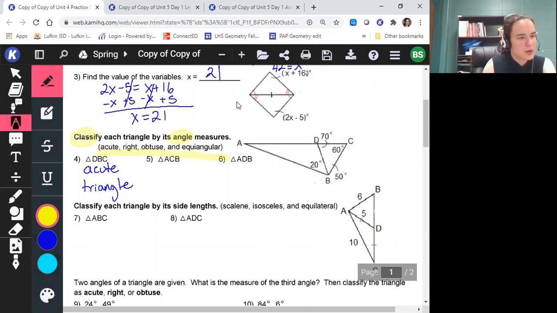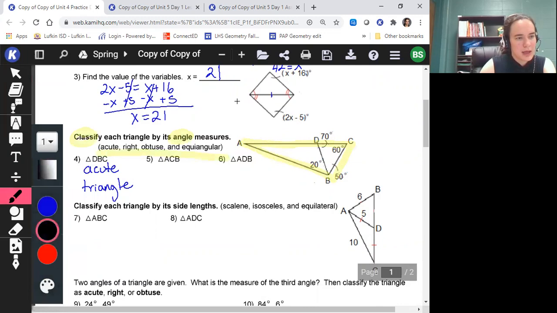Our next one we are looking for is triangle ACB. Triangle ACB is our largest triangle here. And angle ABC is 70 degrees. Angle C is 60 degrees.